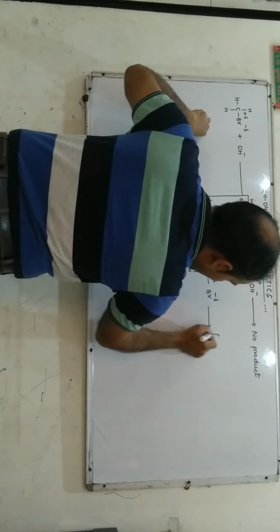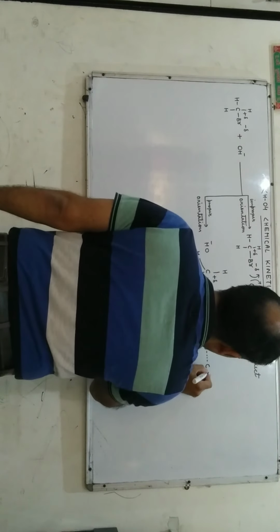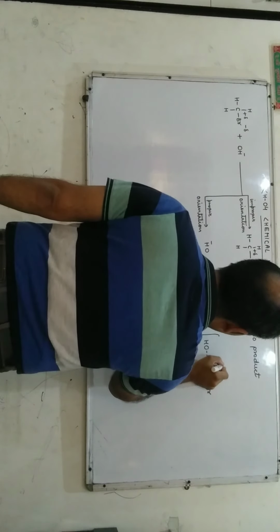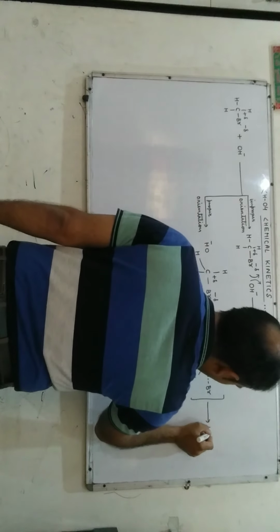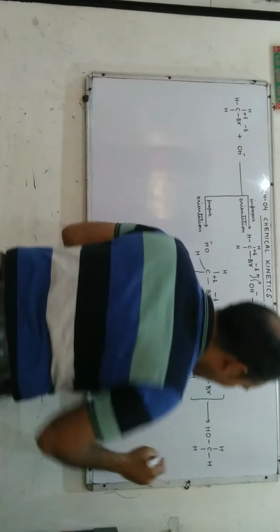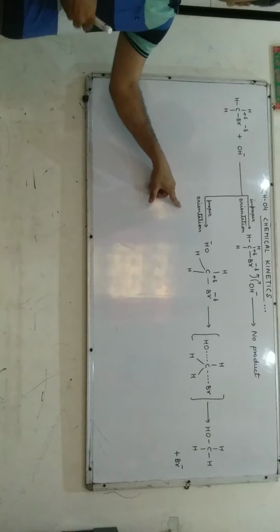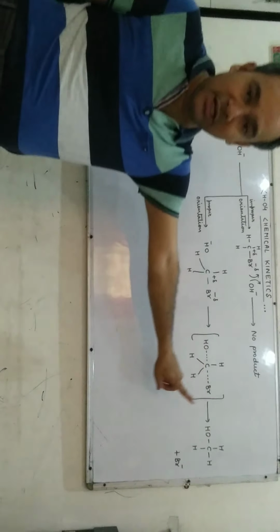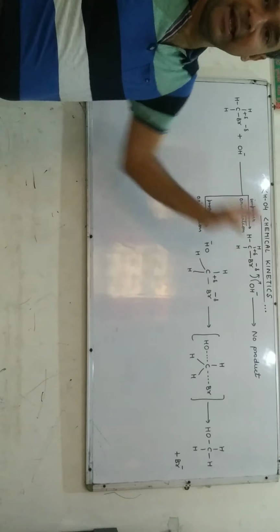Attraction takes place, resulting in the formation of a bond between carbon and OH, and at the same time breaking of the bond between carbon and bromine, resulting in the formation of a new compound called methanol with elimination of bromide ion. So this type of orientation is called proper orientation. I repeat again, proper orientation gives product while improper orientation gives no product because bouncing back takes place.